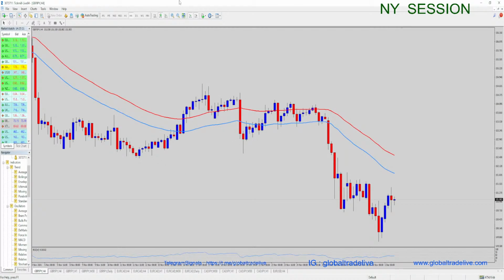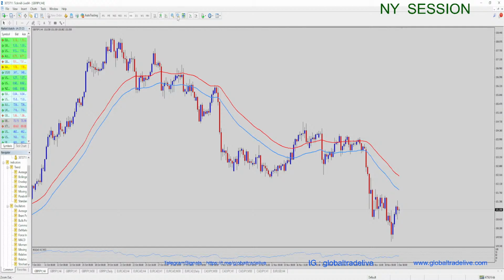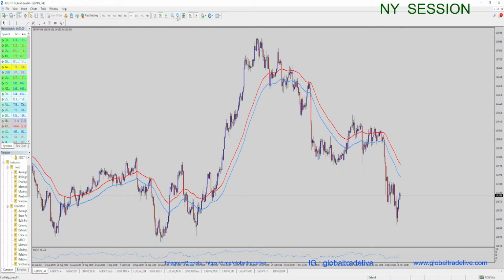So let's also draw some trend lines in the market and look how everything is going. So first of all, in GBPJPY, the market went down, created a fake out, now moving up.